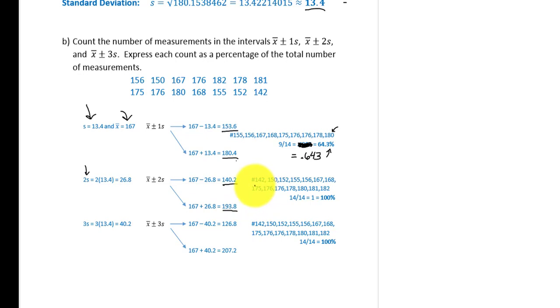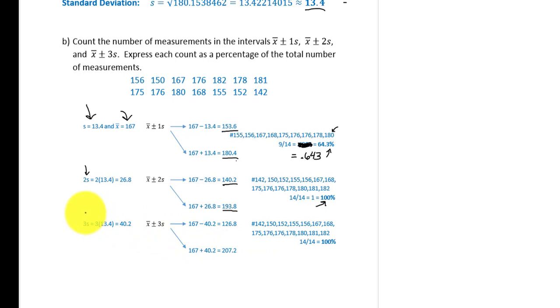So the measurements from our data set that fall within this range would be actually all of our measurements. So 14 divided by 14 equals 1, which is 100% of the measurements fall within 2 standard deviations of the mean. And then I think it would make sense for us to know already that we would expect 100% of our data to also fall within 3 standard deviations of the mean.